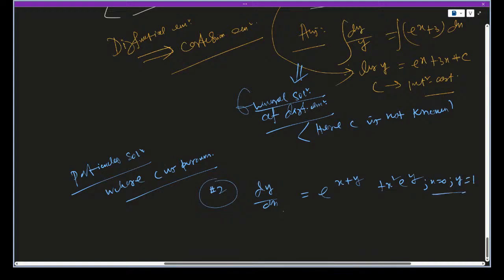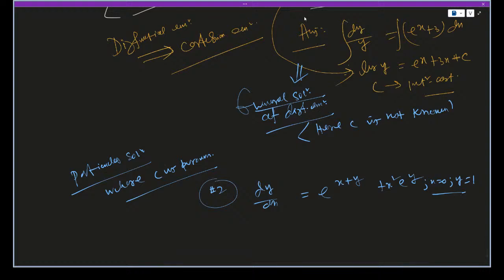When x equal to 0, y will be 1. Then you can get the particular solution. So what we will do here, you will solve it by using separation of variable, just as you have done, and then use the condition to get the value of c. Understood?